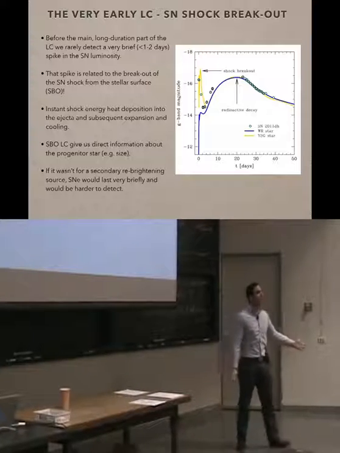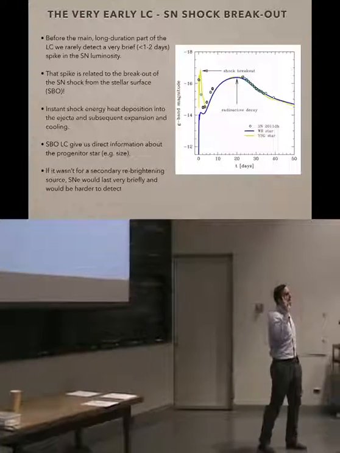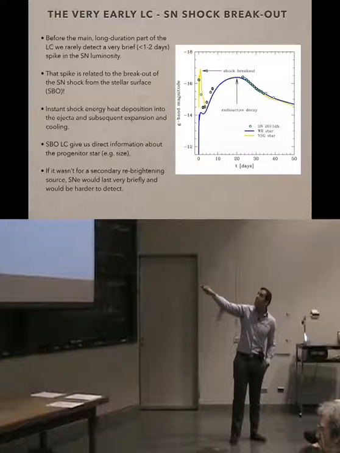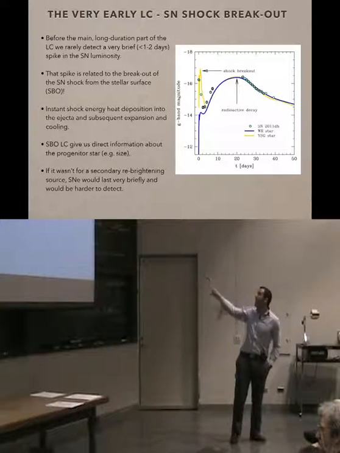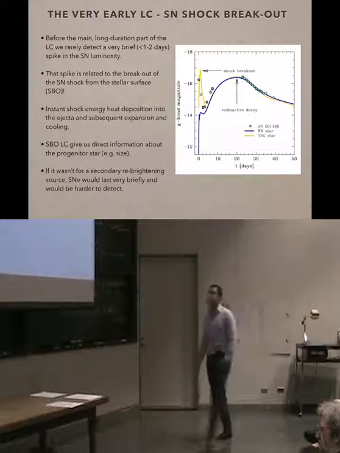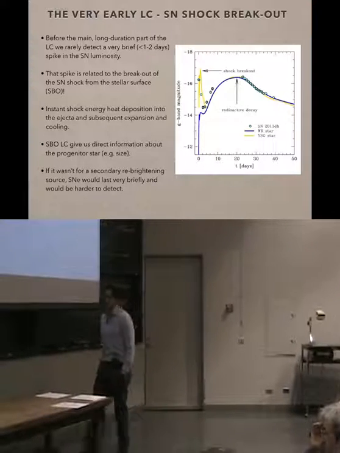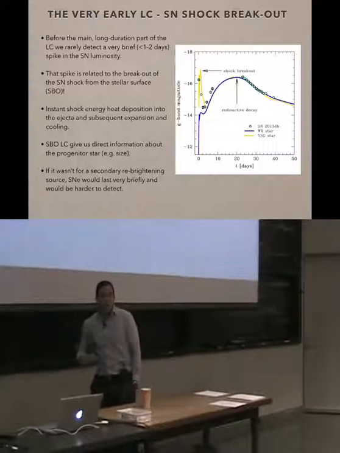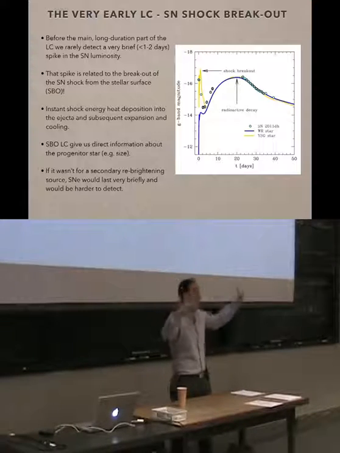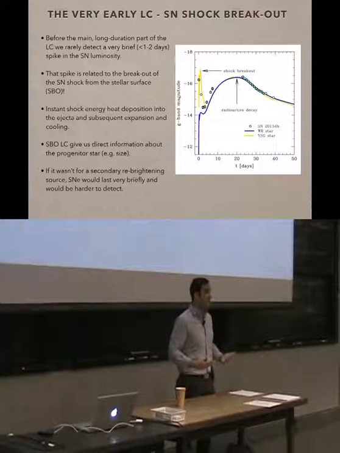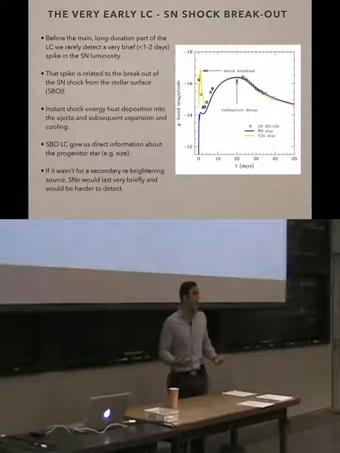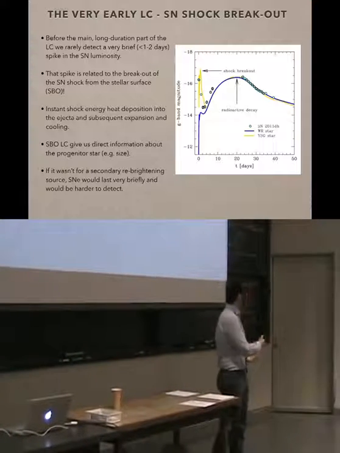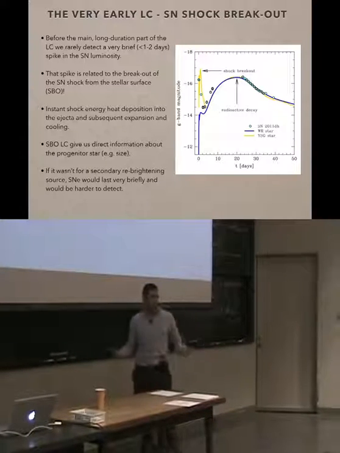So if you look at a supernova like this, there are 3 distinct stages: the very early breakout stage, the rebrightening stage, and then the late time decaying stage. Just looking at the behavior of light from supernovae. That very early stage corresponds to the shock breaking out of the surface, and then something else reheats this material as it expands. In many cases, that's the radioactive decay of nickel and cobalt that you built in the core of the star that exploded. In other cases, there are other things that we're going to talk about.